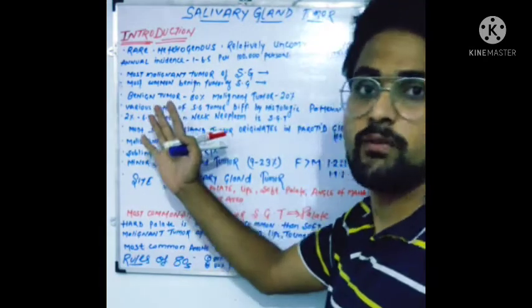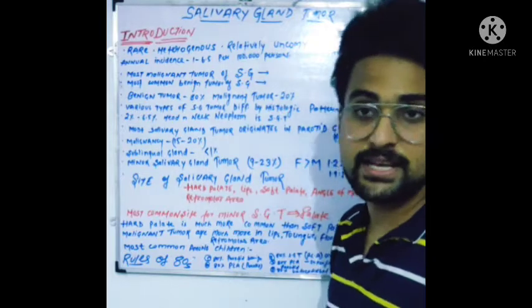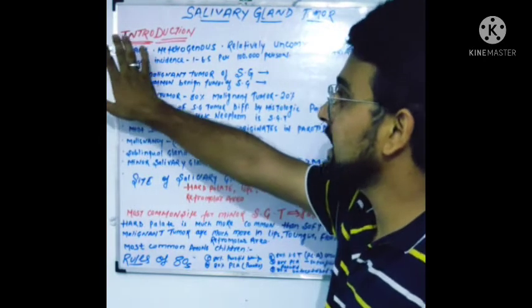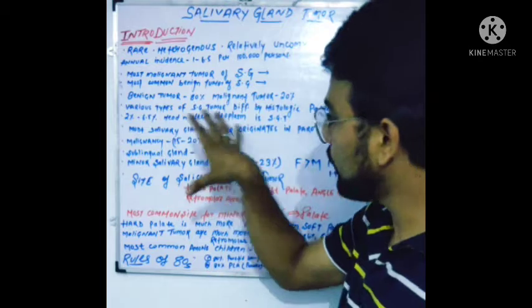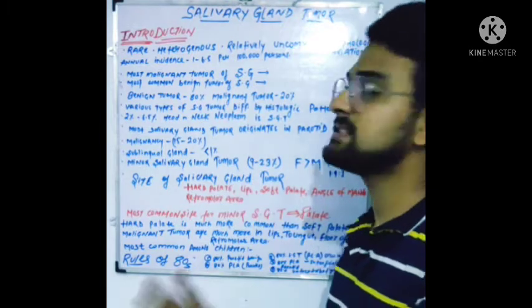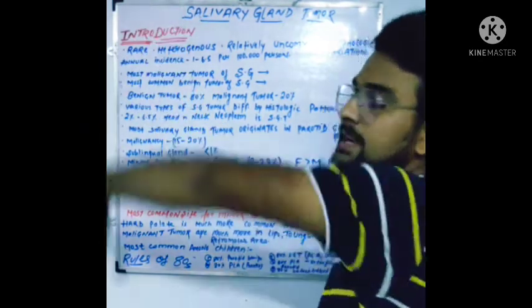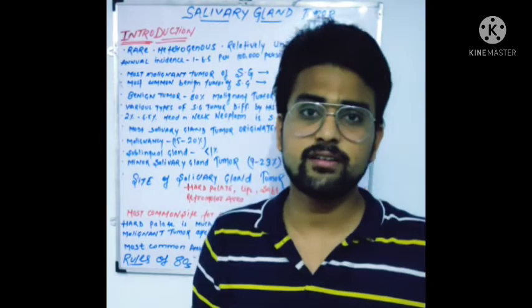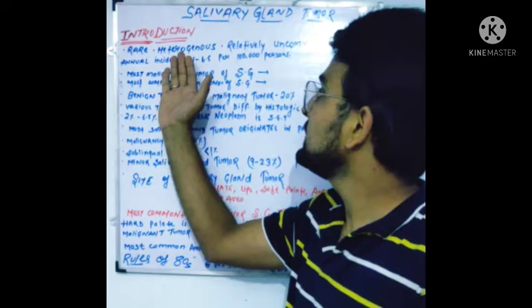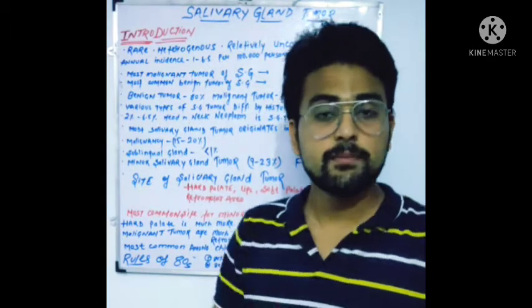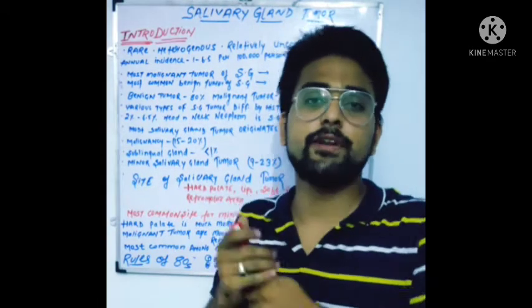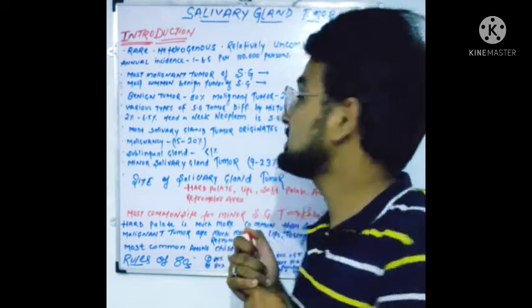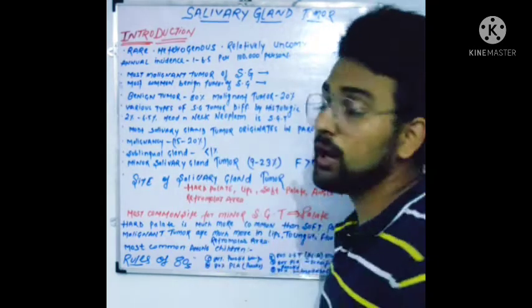Now let's come to our topic, tumors of salivary gland. Just focus on what we are going to discuss: the tumors of salivary gland are very rare tumors, and they are a heterogeneous group, meaning they have different origins, and they are relatively uncommon.